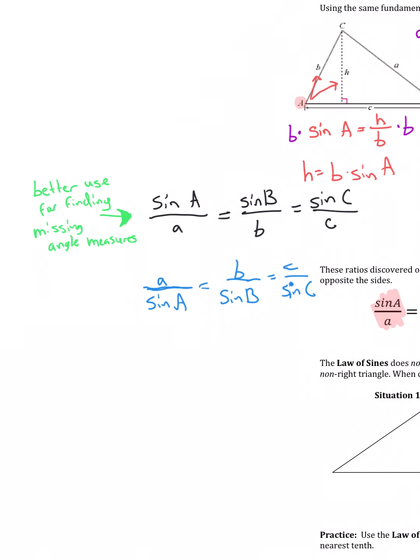Go ahead and write that down. This will be good for your notes. Remember, we're allowed to have open notes on quizzes or on graded assignments, so make sure you have good notes. This opposite one, where we have the sides on top, is actually going to be better use for finding missing side lengths of a triangle.